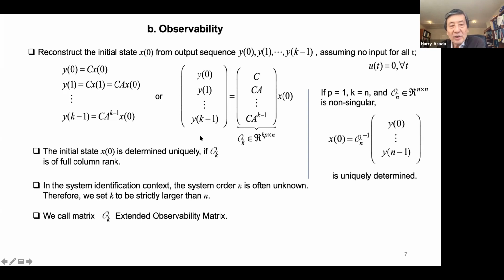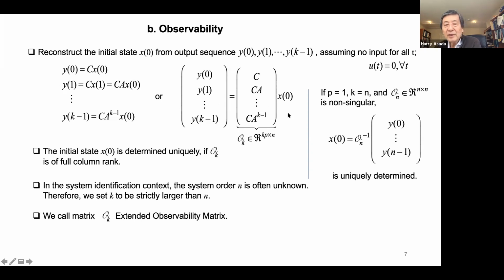So this is a linear equation, y's versus x_0. In between, we have this matrix, which is called the observability matrix. If this matrix is full rank, then we can determine x_0 uniquely from y_0 to y_{k-1}.